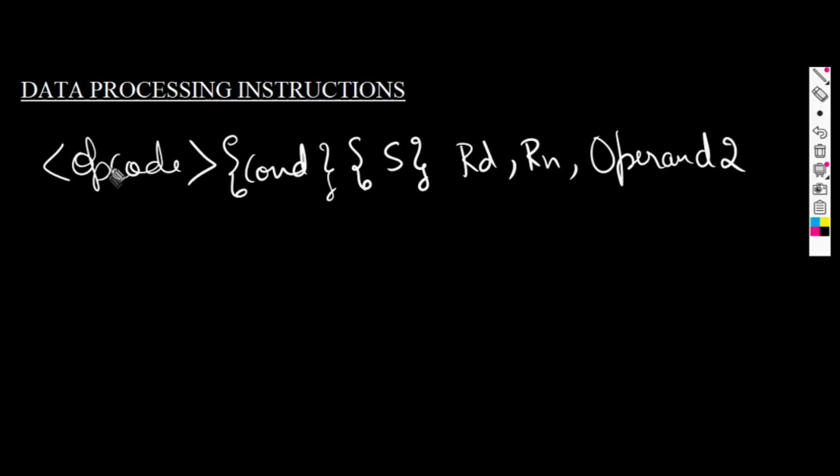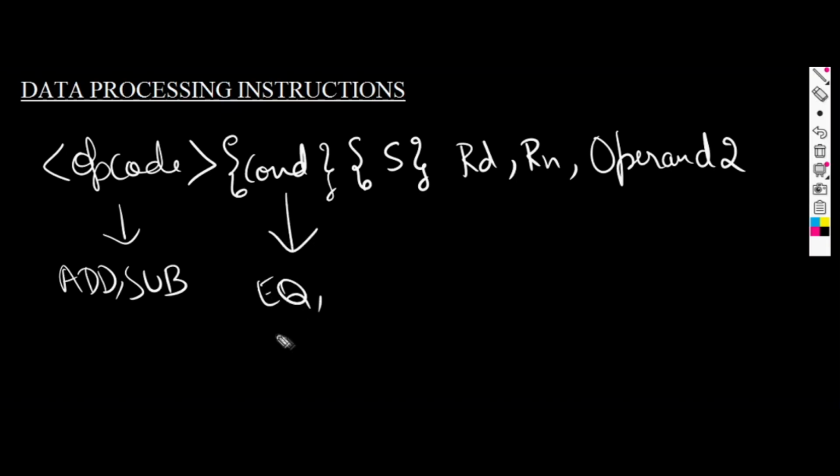Okay, opcode here represents the instruction mnemonics like add, subtract, etc. Then we have optional condition codes, like EQ, NE, etc.